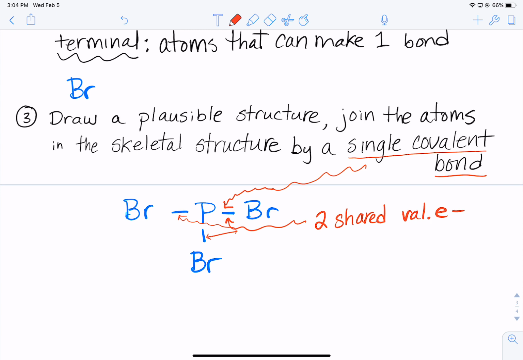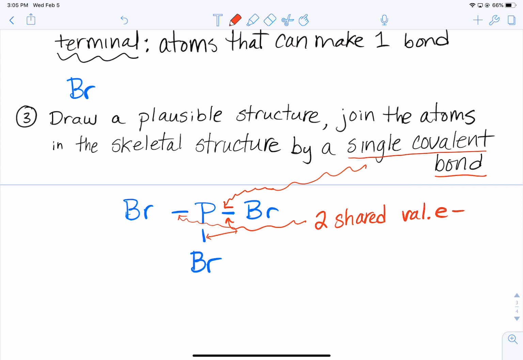So each dash represents 2 shared electrons. 6 total. So that means there's 6 right now: 2, 4, 6 electrons are being taken care of. How many do we have total? 26 of them.